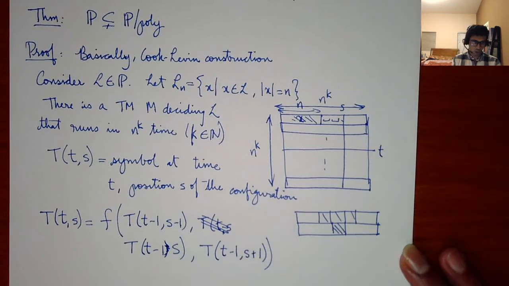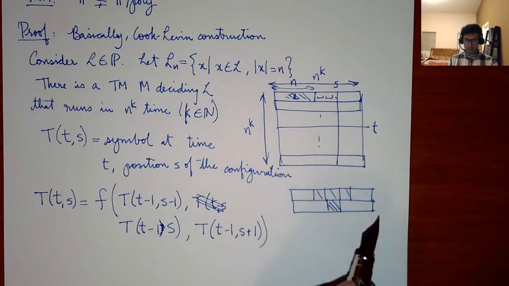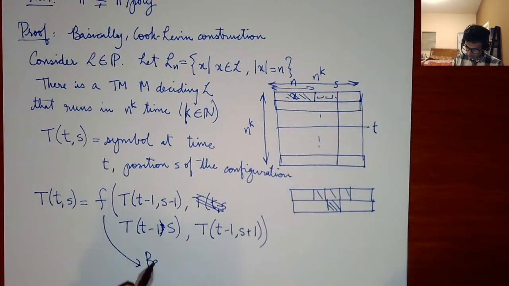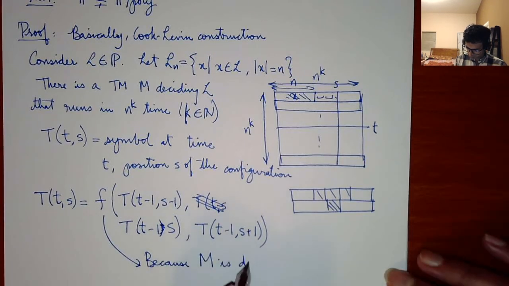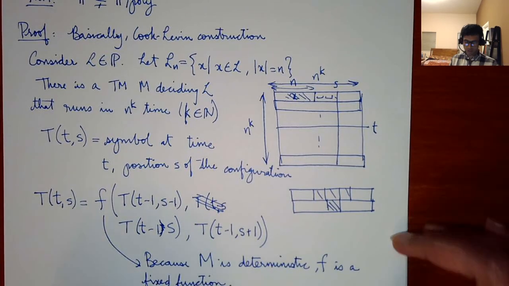And this is the locality of the Turing machine, meaning that we just need to check, is there a head in here, and if there is a head, then what transition function to use. And this is important because M is deterministic, F is a fixed function. So this is important.